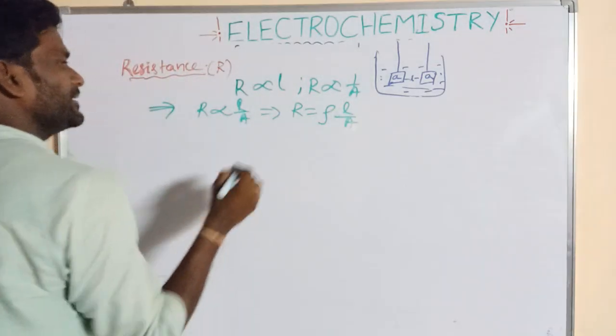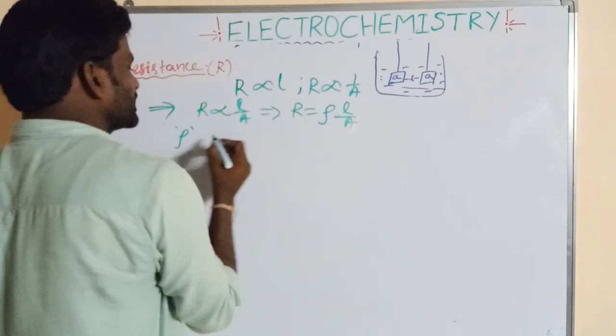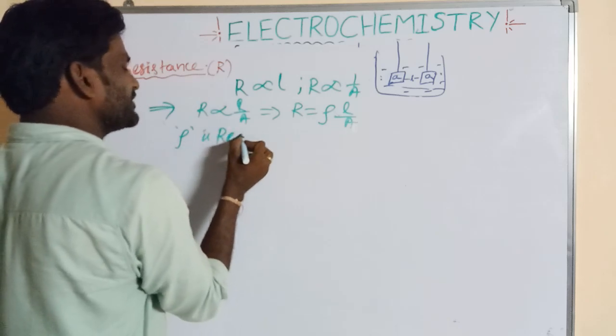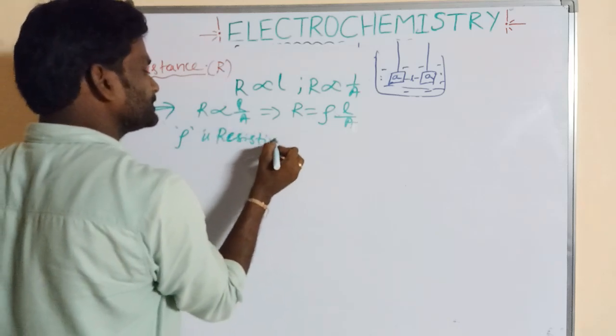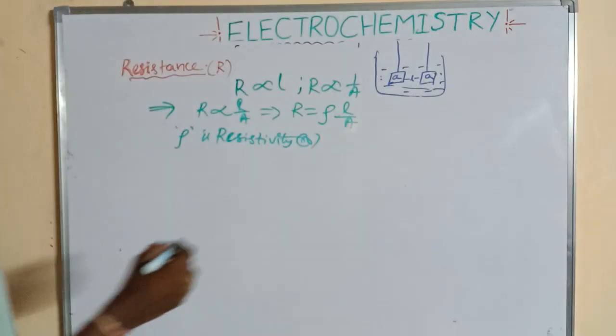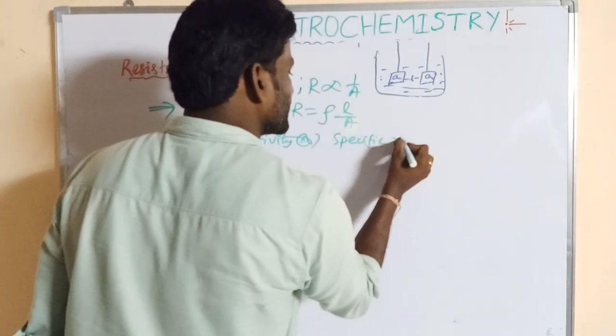Here rho is a constant, and it is said to be resistivity, or specific resistance.